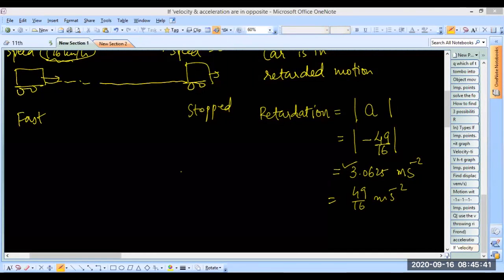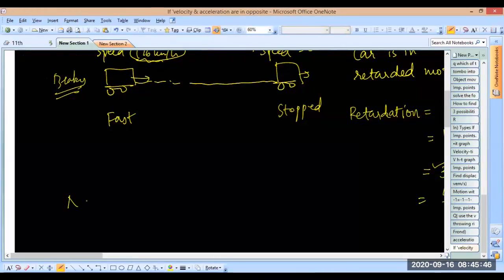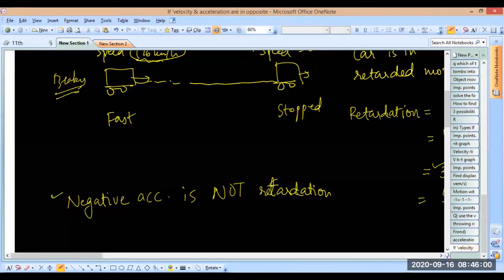Again, a word of warning, everyone: negative acceleration is not retardation. Be careful with this sentence. You can only define retardation if speed is decreasing. We should only talk about retardation if speed is decreasing.